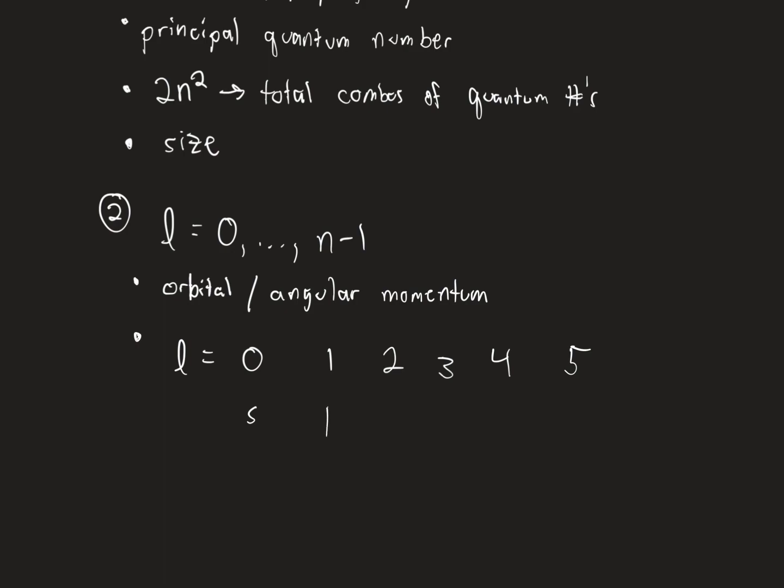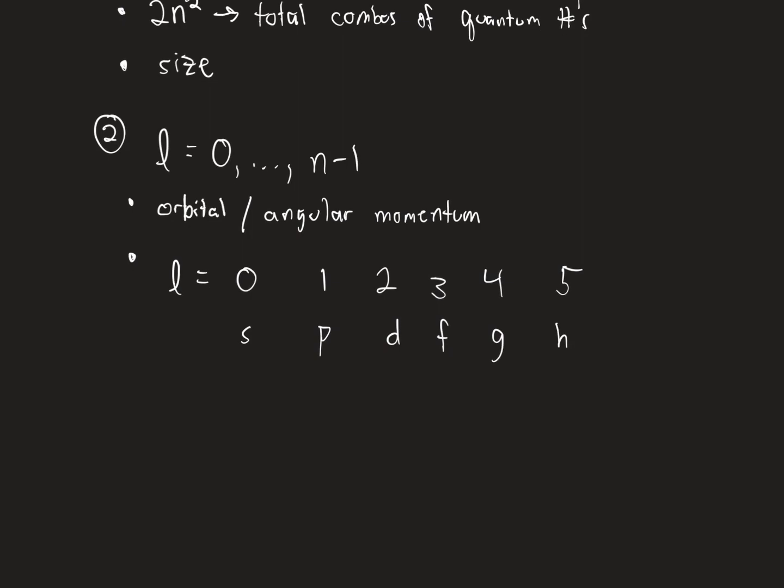L is equal to 1, we call that P. L is equal to 2, we call D. L is equal to 3, we call F. L is equal to 4, we call G. L is equal to 5, we call H. Just to make life more miserable and complicated. Again, we'll do an example where we show you exactly what this all means.